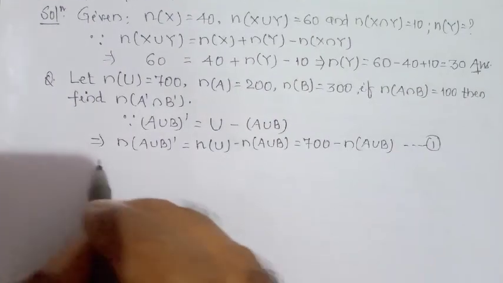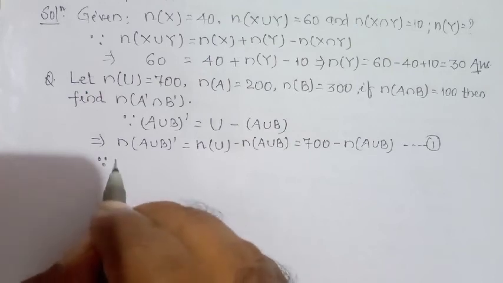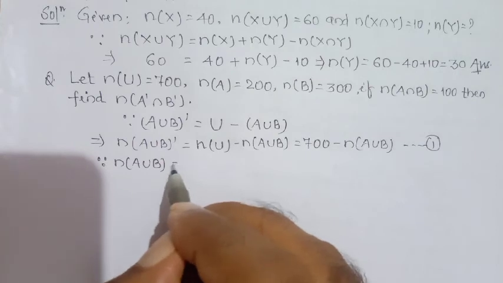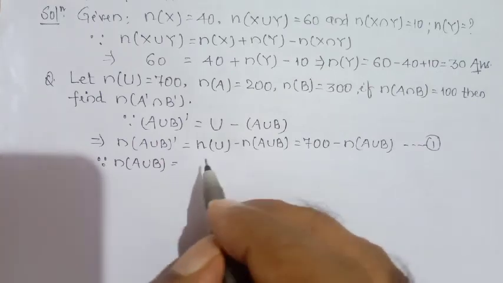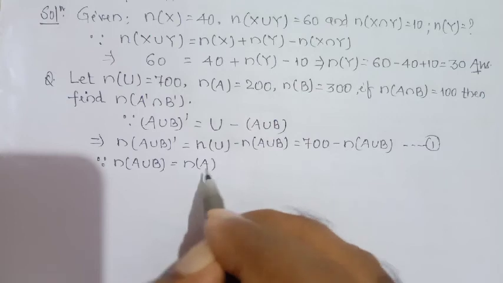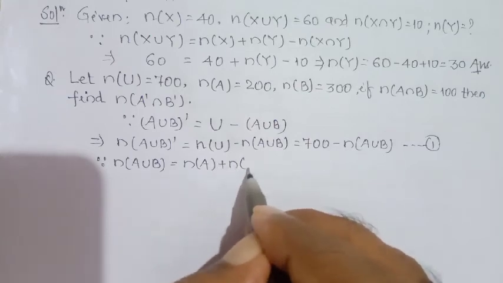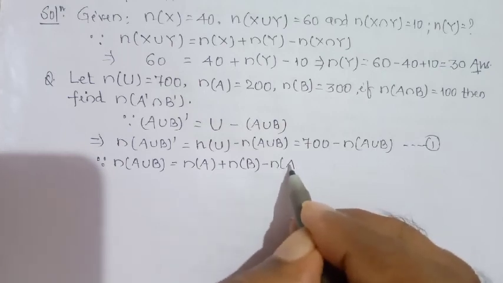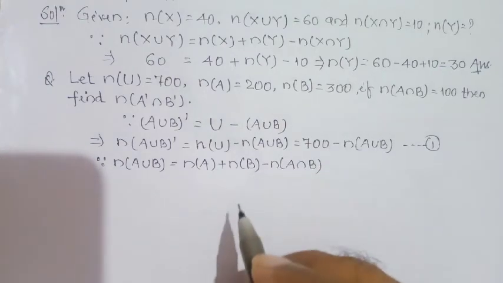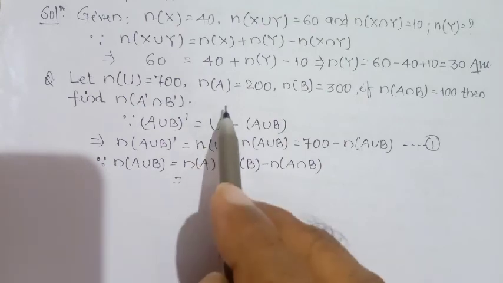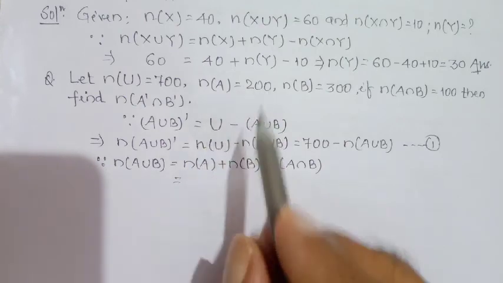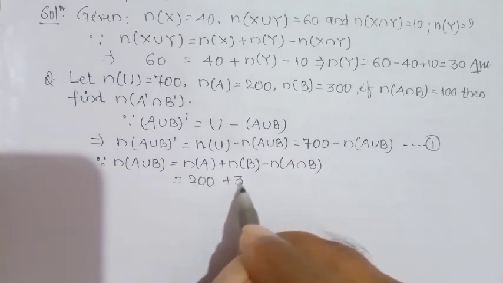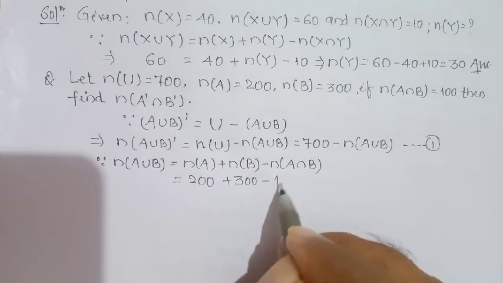Now we have the formula: number of elements of A union B is equal to number of elements of A plus number of elements of B minus number of elements of A intersection B. Write down their values. What are given? Number of elements of A is 200, plus 300, minus 100.